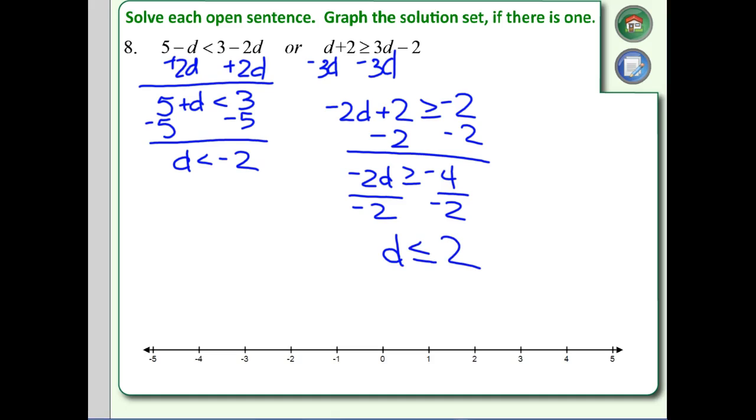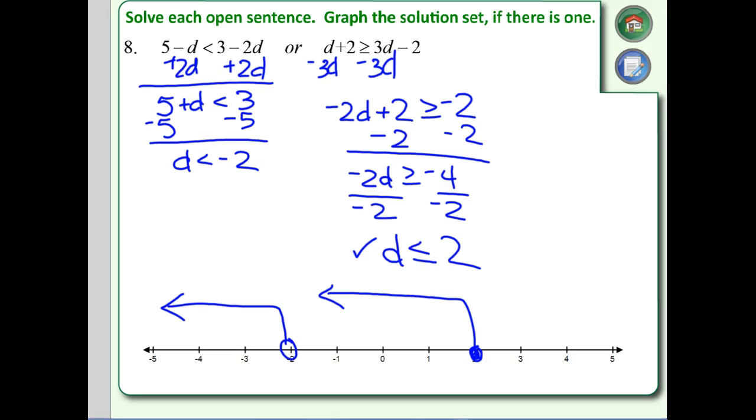Now, this one looks a little bit different. If I go here and I graph the first one, d is less than negative 2, we've got an open dot going this way. And then to graph the second inequality, we need a closed dot. And did you know we had to flip the sign? So now our inequalities are going in the same direction.